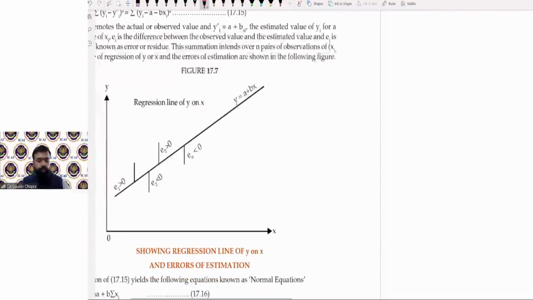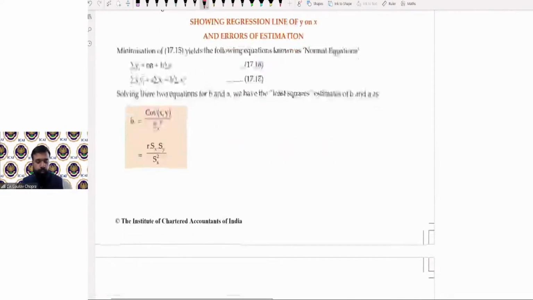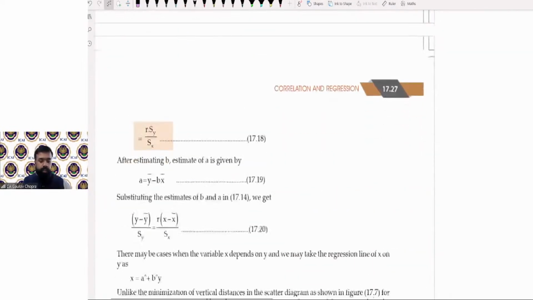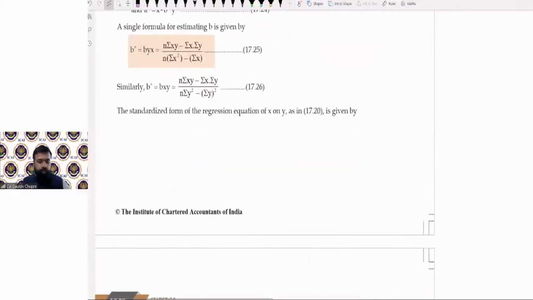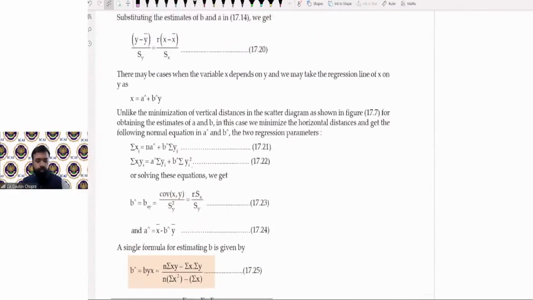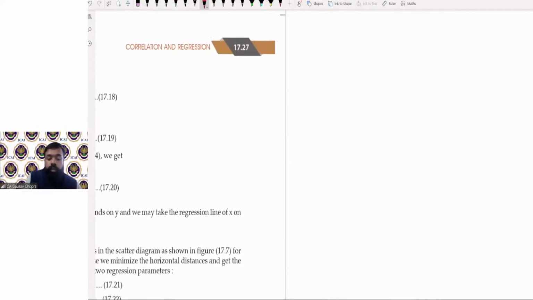Now we have to write the formulas. So let us write some of the formulas now. Formulas to find regression coefficients.